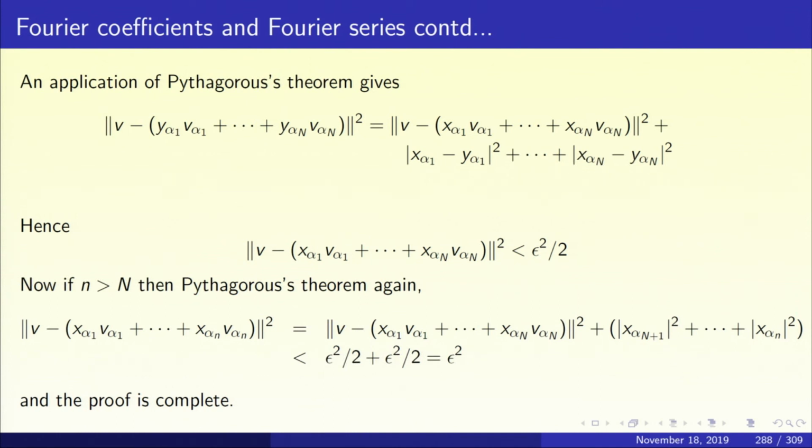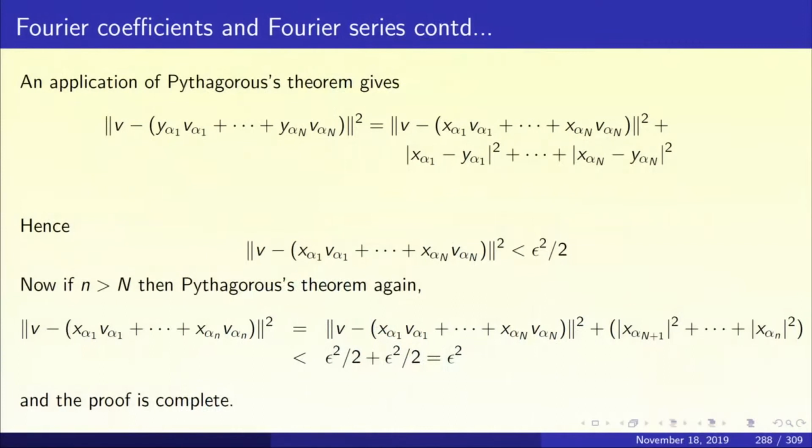The norm squared of the remaining term is what? Mod x alpha N plus 1 squared plus etc. plus mod x alpha n squared. So, now that is less than epsilon squared by 2 plus epsilon squared by 2, which is epsilon squared.